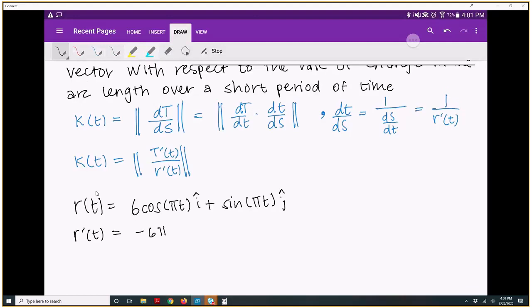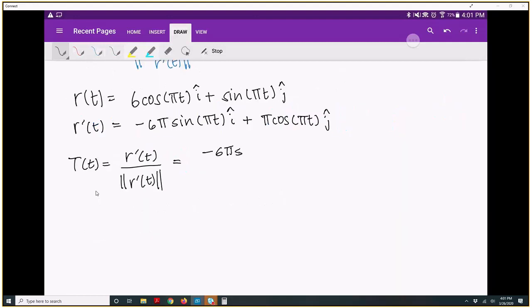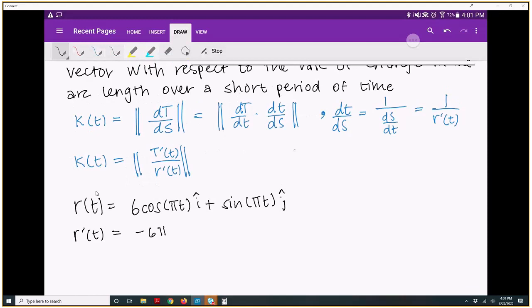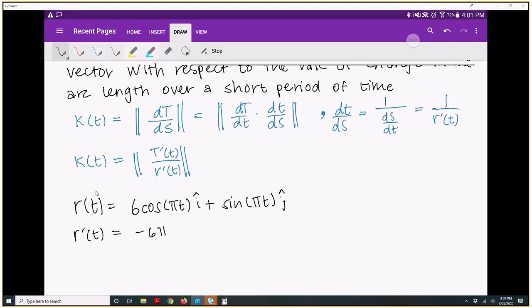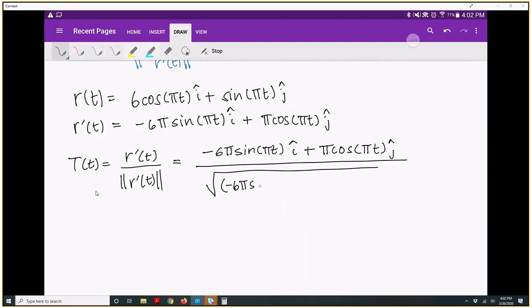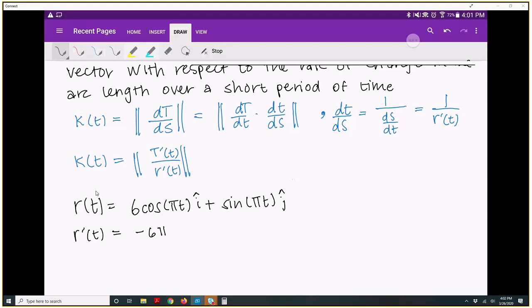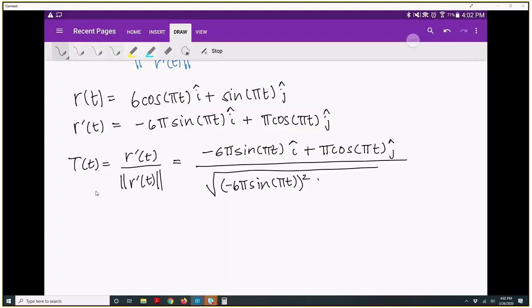So that's going to be the derivative that we just found, negative 6 pi sine of pi t i cap plus pi cosine of pi t j cap, divided by its magnitude, which will be the square root of minus 6 pi sine of pi t, everything squared, plus pi cosine of pi t, everything squared, square root of all of that.